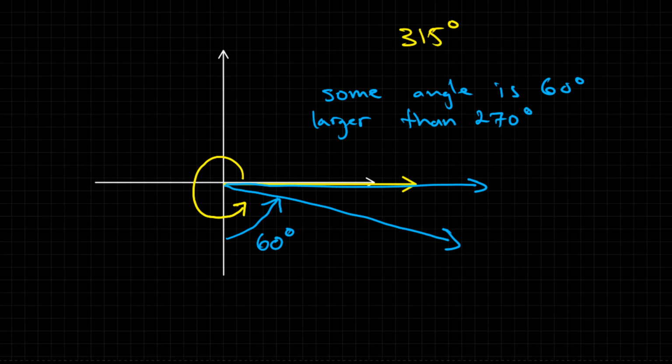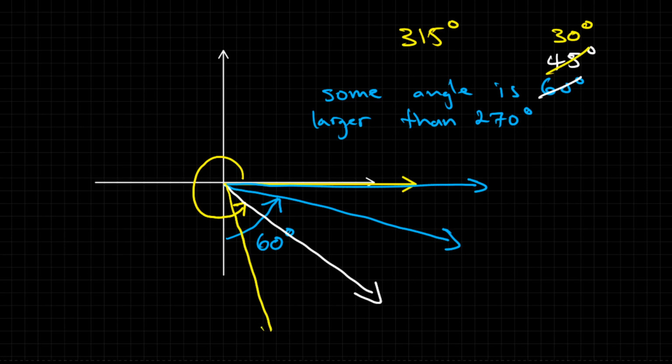Whereas if it were something like 45 degrees more than 270 degrees, then it would be halfway between 270 degrees and 360 degrees. And finally, if it were something like 30 degrees more than 270 degrees, it would only be a little bit larger than 270 degrees.